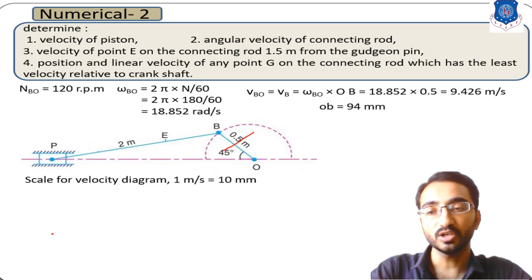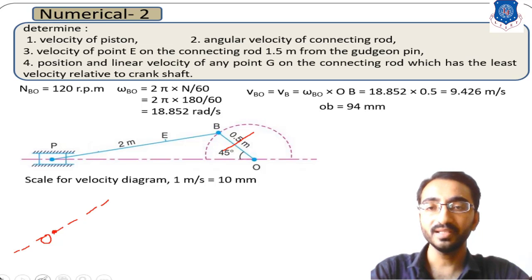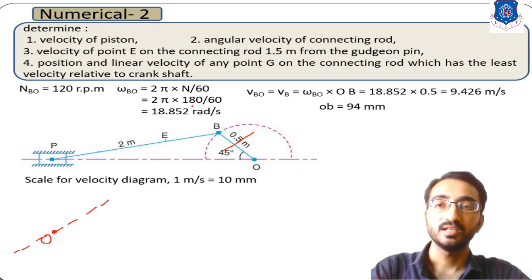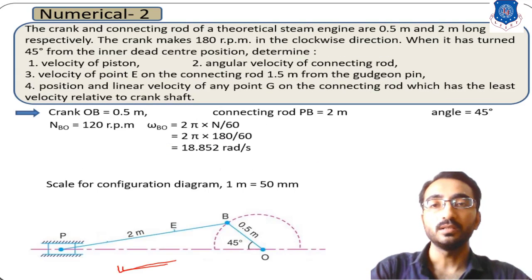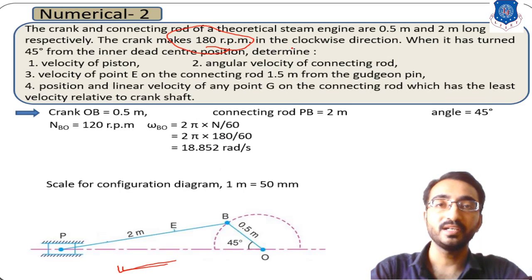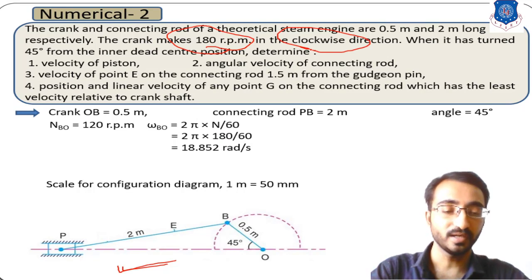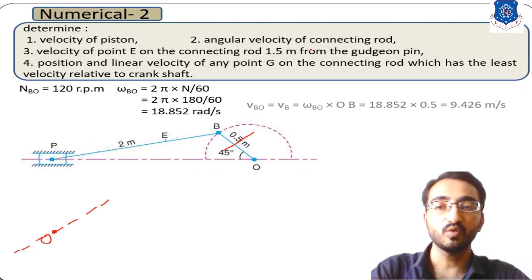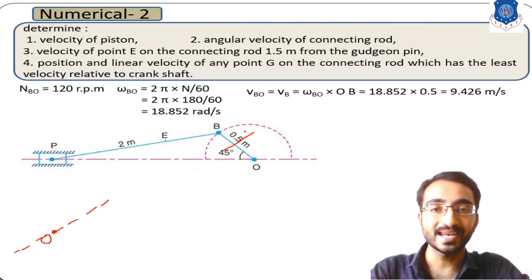Now the direction of rotation is very important. In the data it is given that the crank makes 180 rpm in the clockwise direction. So it is rotating in the clockwise direction, which means it is rotating in this direction.